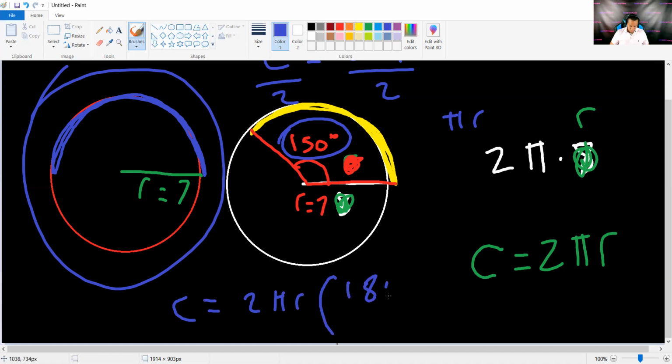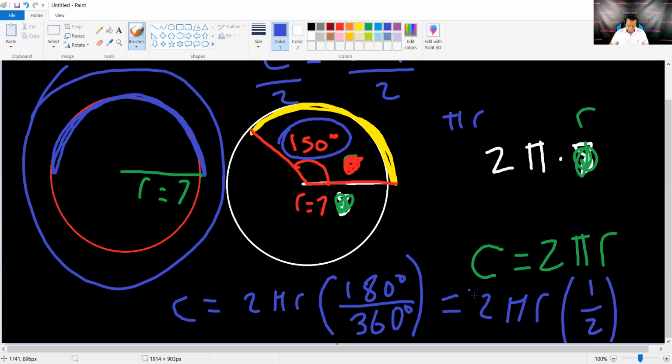So that was 180 degrees over 360. So that's just going to give you half of whatever you're going to get. The halves cancel out and you get pi r. The same thing is what you have to do with the 150. So instead of 180, you just put 150, and you're going to get that answer.